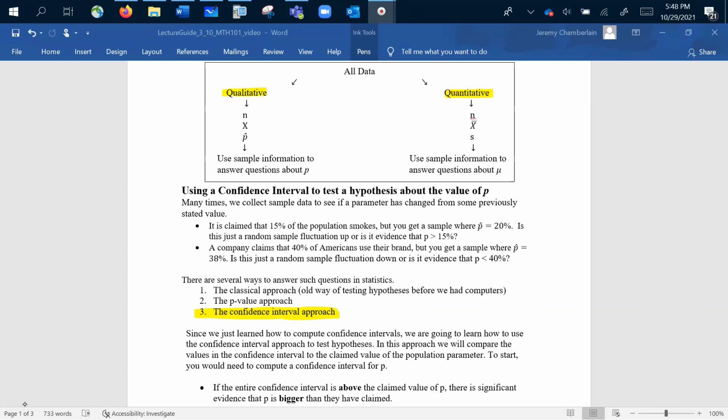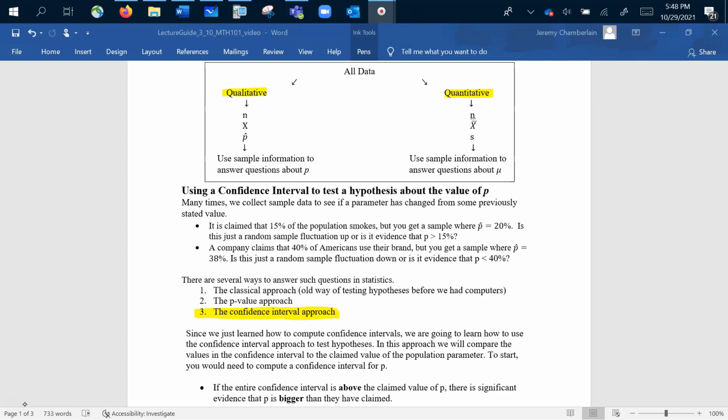In the previous section, we learned how to compute confidence intervals. Now we're going to take sample data and use a one-prop z-interval, provided that we have the assumptions satisfied, to find a confidence interval surrounding our sample proportion.